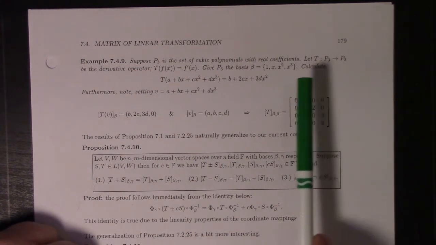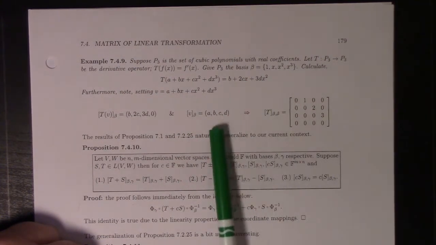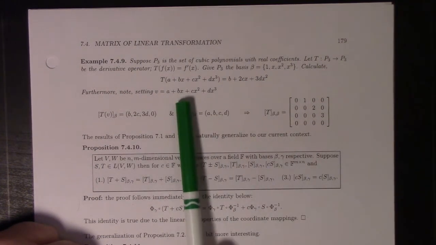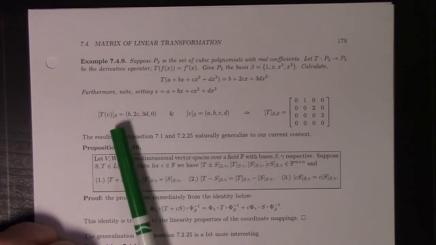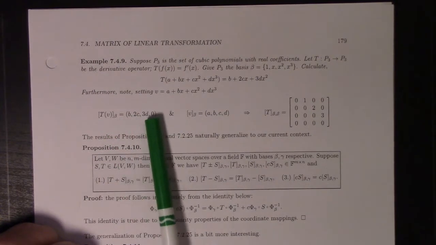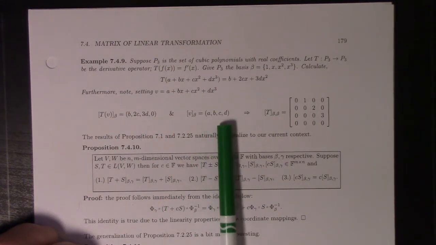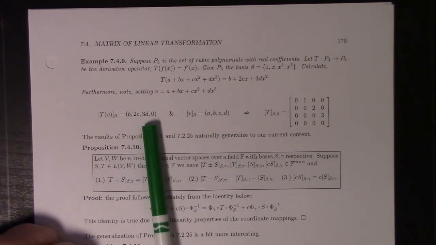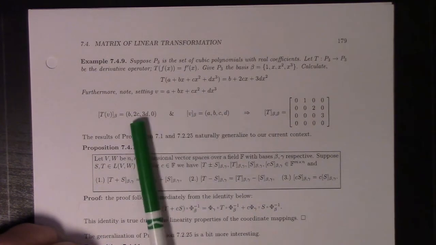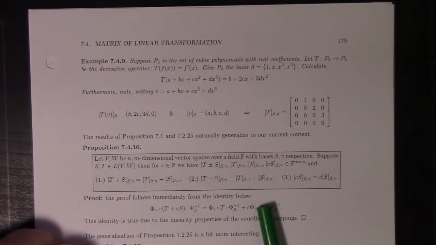The derivative operator again. I pick basis 1, x, x squared, x cubed. Here's the differentiation operator. I just calculate the coordinate vector with respect to beta. V is a, b, c, d. The differentiation operator sends it to b, 2c, 3d, 0. So to get from here to there, I multiply by that matrix. All right, so there's another example.